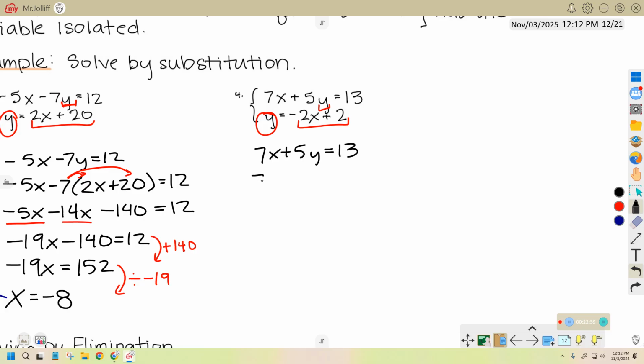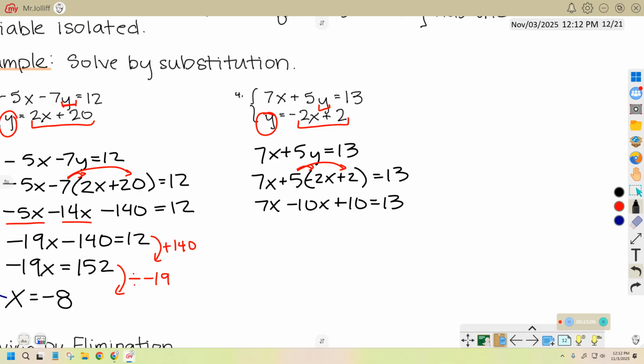And everywhere I see a y, it becomes that expression. So -2x plus 2. Good. Ethan, what do I do next? Very good. Get rid of the parentheses. 7x minus 10x plus 10 equals 13.